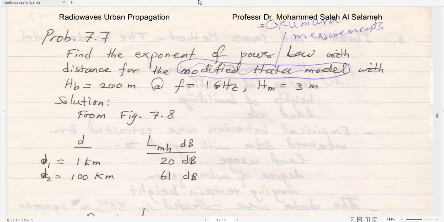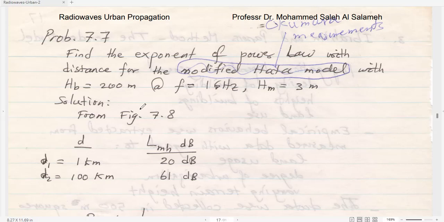A problem here. Question: find the exponent of power law with distance for the Okumura measurements with the base station height of 200 meters at a frequency of 1 gigahertz, and the mobile height is 3 meters.